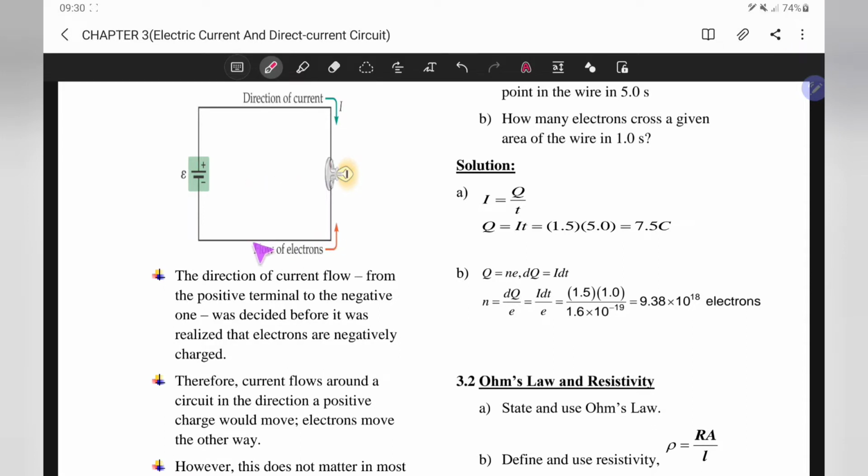According to this situation, the current starts from the positive terminal through the wire and then reaches the negative terminal, isn't it? It seems like the current flows in a clockwise direction.